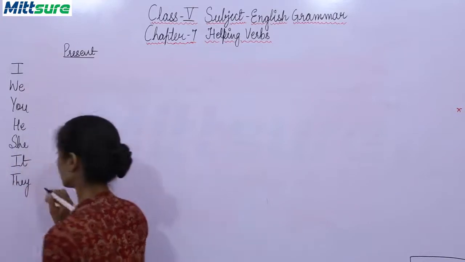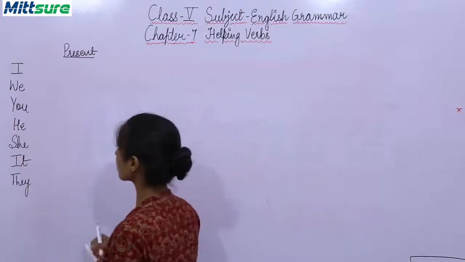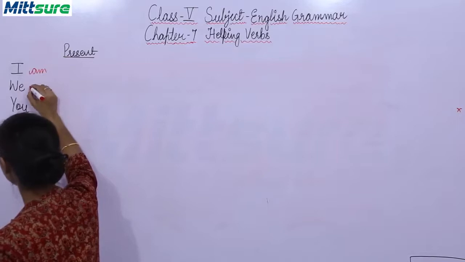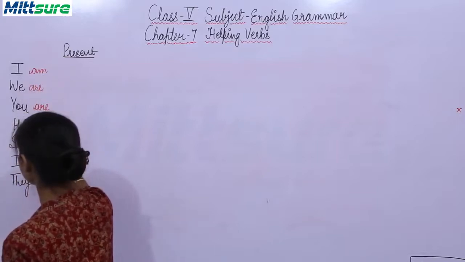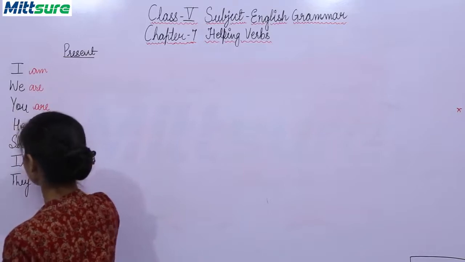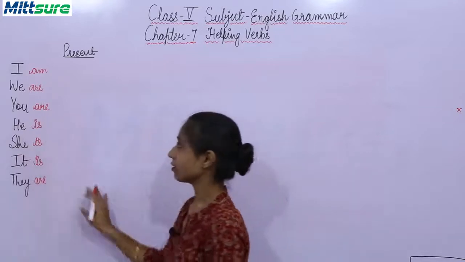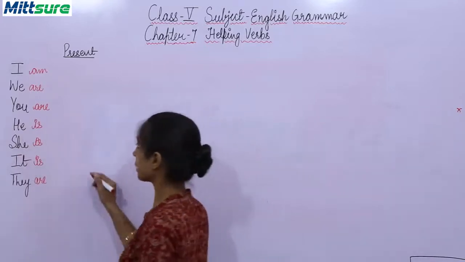These were the subjects, right? For be form of verb, we used I am, we are, you are, he is, she is, it is, they are. This was what we used for the be form of verb, right?